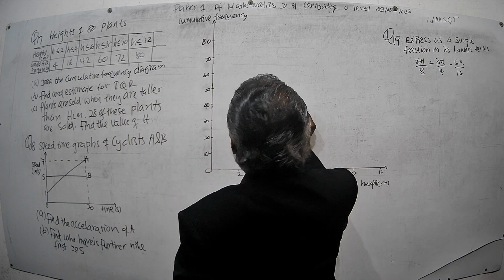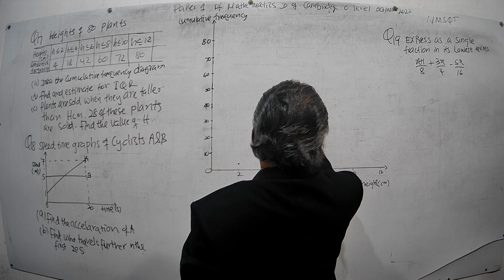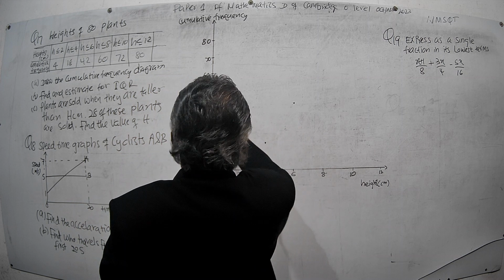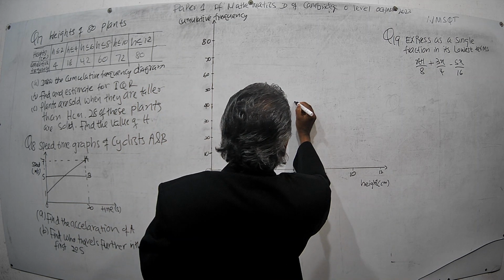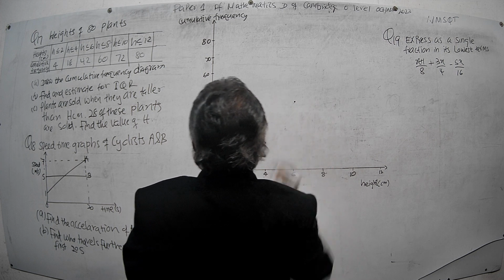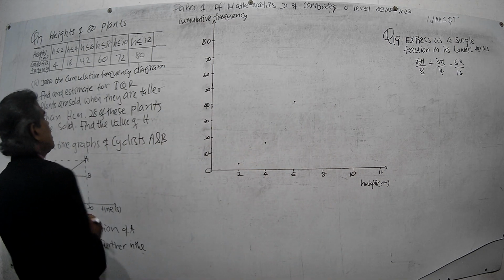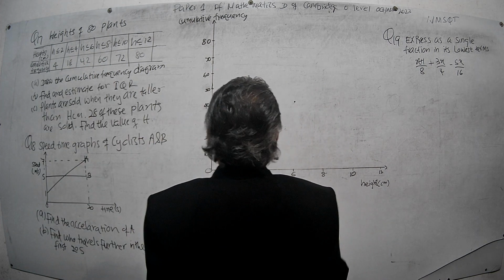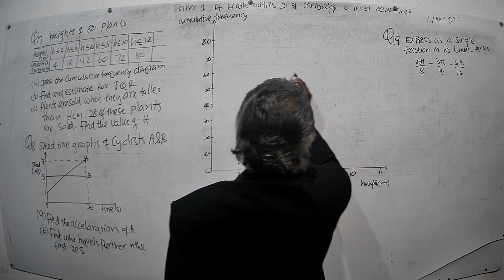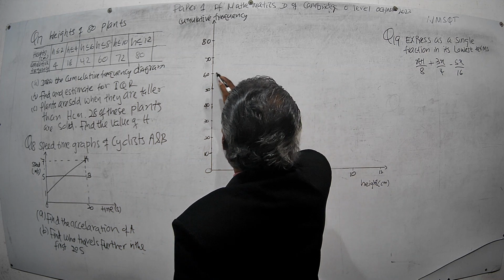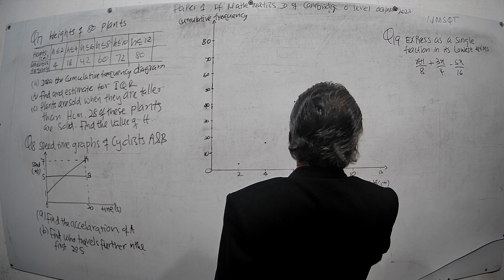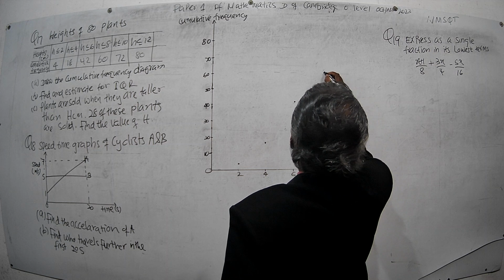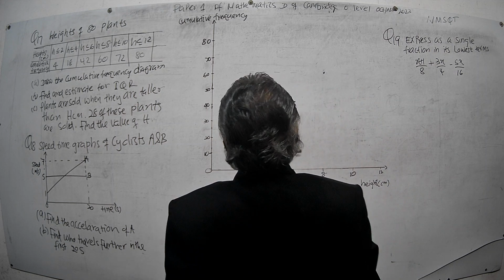Then when the height is 8 or less than 8, the cumulative frequency is 60. 60 is somewhere here.